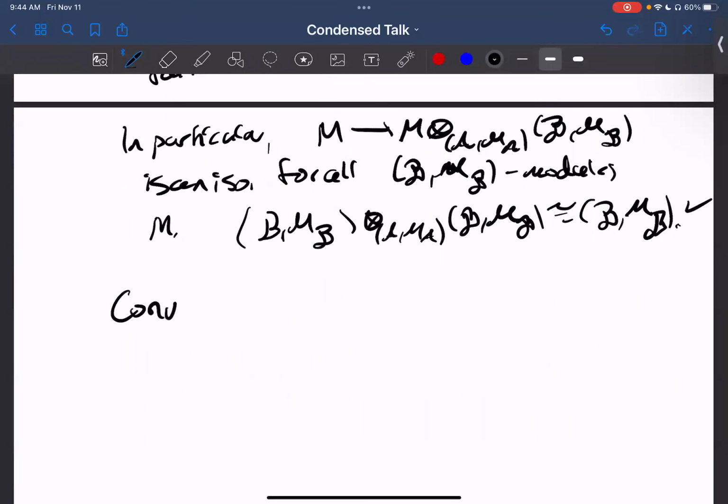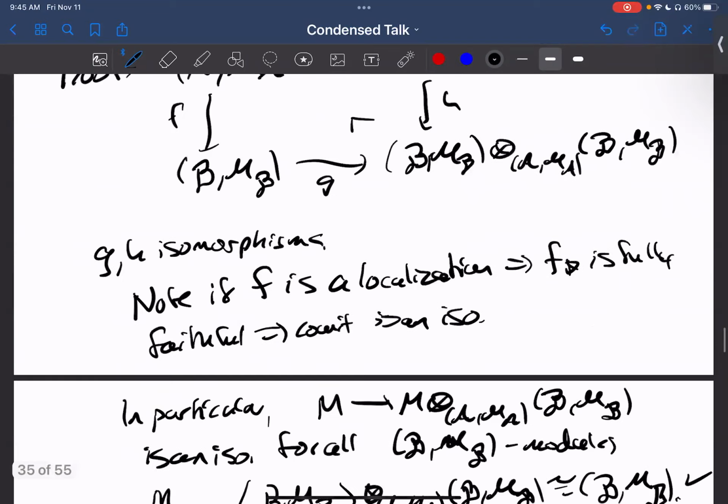All right, conversely, if F is steady, then we can look at this same map here.